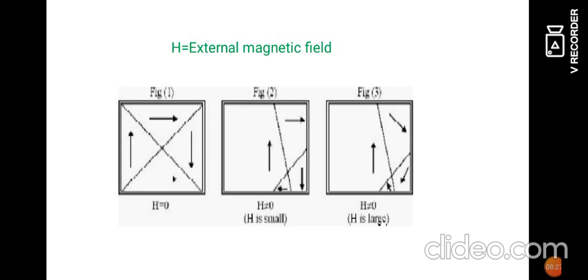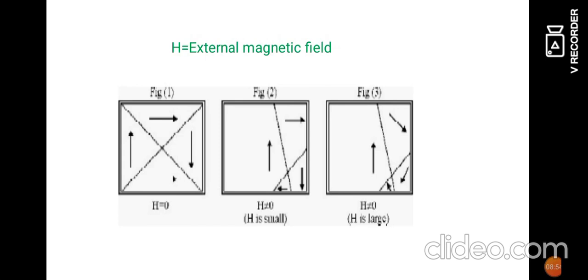Here also H is not equal to 0 because H is large. That means a strong external magnetic field is applied. The ferromagnetic domain wall is further displaced from its original position, so that the volume of the single domain increases rapidly. As a result, all the ferromagnetic dipoles present inside the material will be aligned.